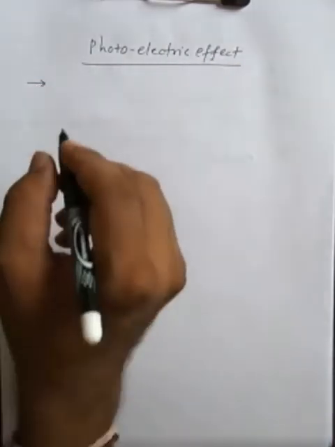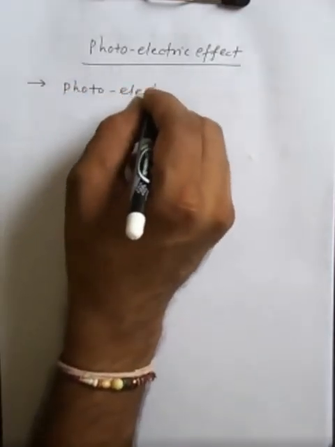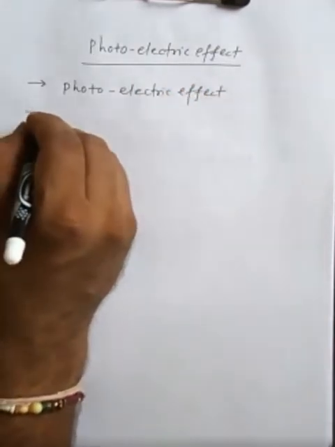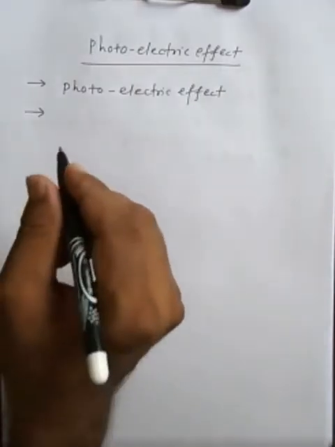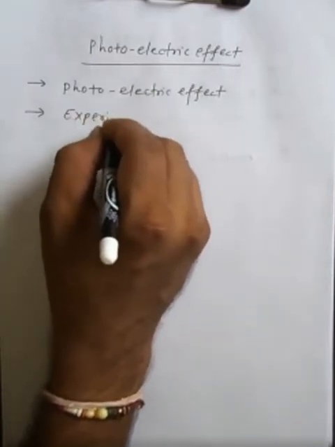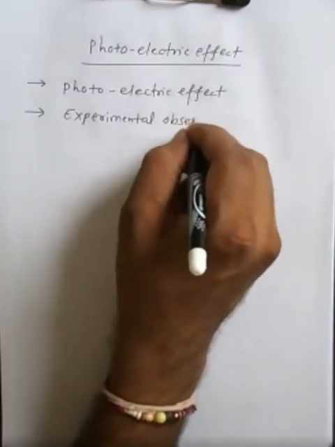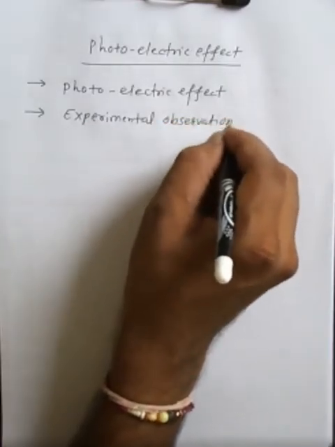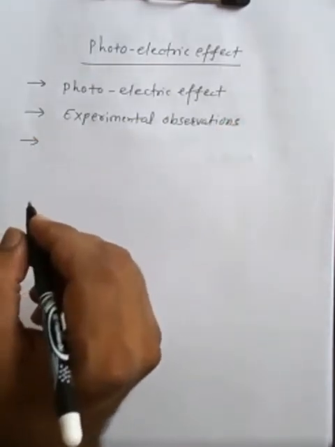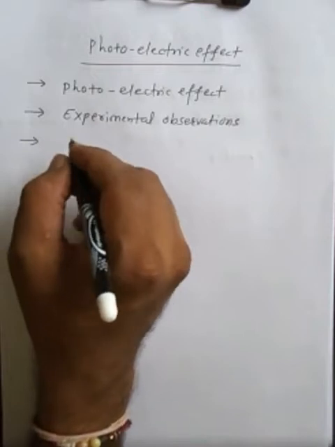So I will cover what the photoelectric effect is, and then I will discuss experimental observations, then I will discuss the classical physics concept to understand the experimental observations.